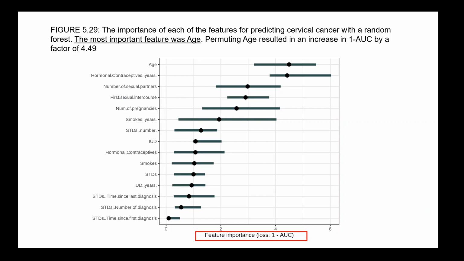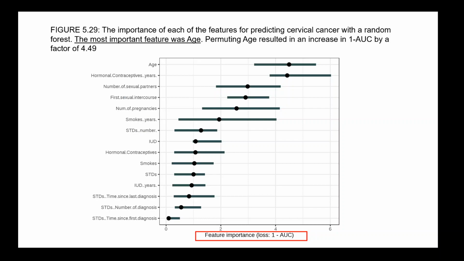Now let's check two sample results. The first one is the result of the model for predicting cervical cancer with a random forest. The loss is computed using 1 minus AUC, the area under the ROC curve. The interpretation is very easy. The greater the value, the more important the feature is for the model. The vertical lines around the dots denote the confidence level of the measurement.